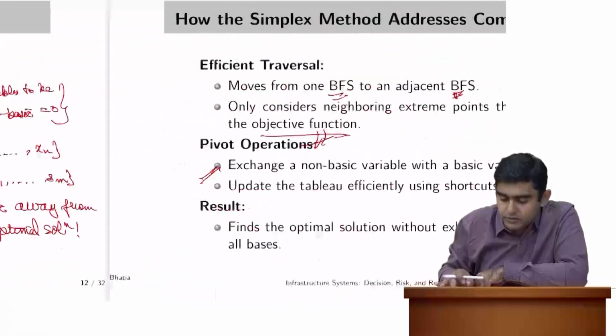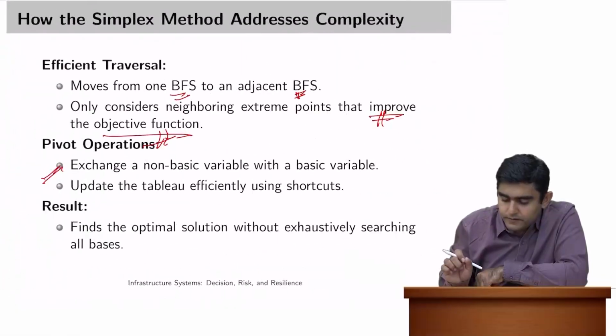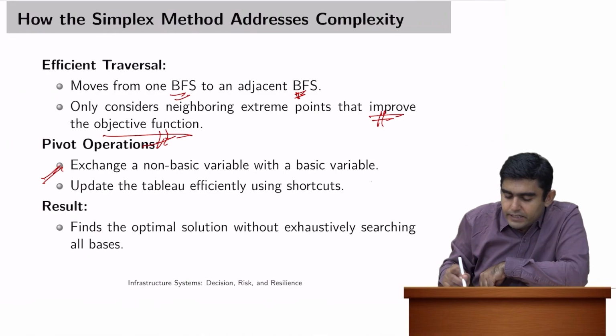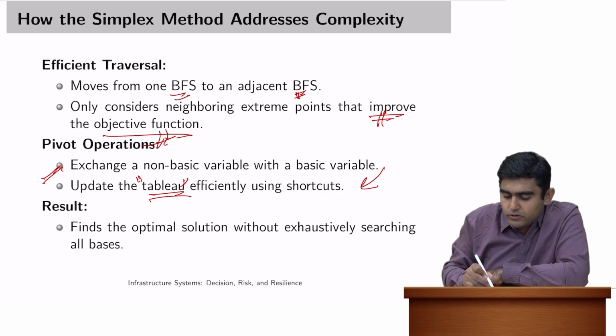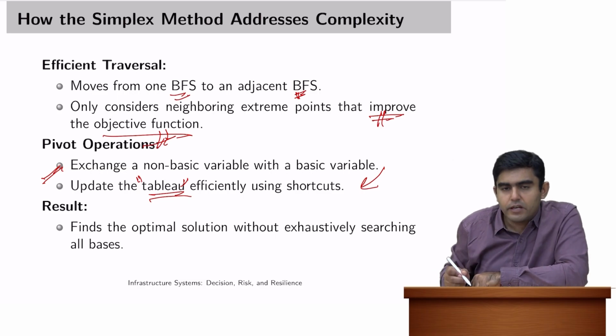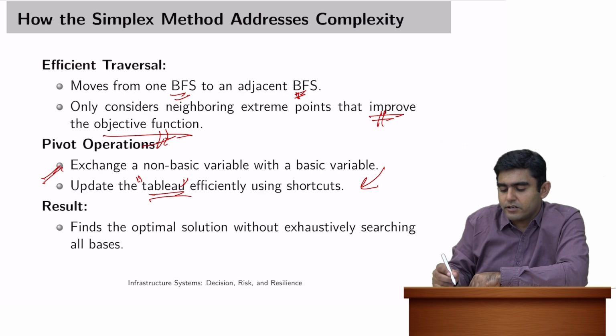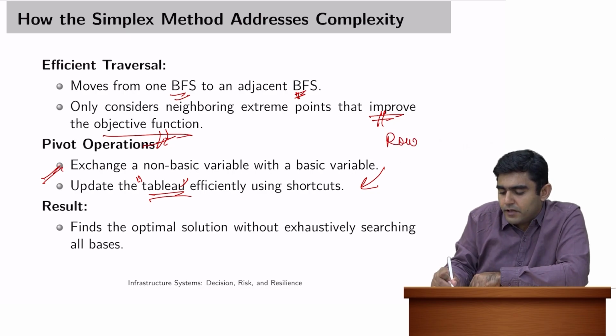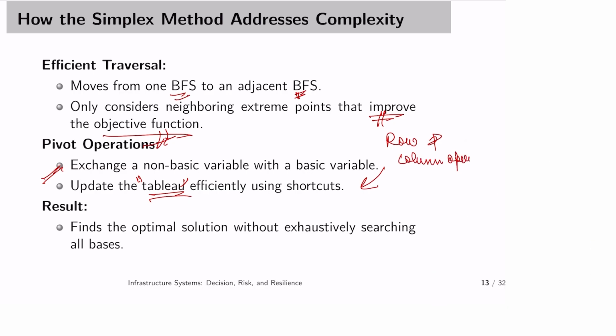So I'll just go back to the slides. And at each point, we will update the coefficient table. We also call it a tableau, using various shortcuts that we will learn. These shortcuts are nothing but row and column operations that we used to do on a system of linear equations.